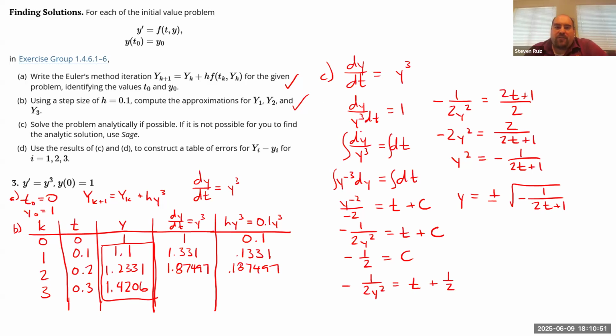Okay, let's go back. So did I separate this correctly? dy/dt equals y cubed. So dy over y cubed equals dt. y to the negative 3 dy. y to the negative 2 over negative 2. y to the negative 2 is the same as 1 over y squared. Should be negative.